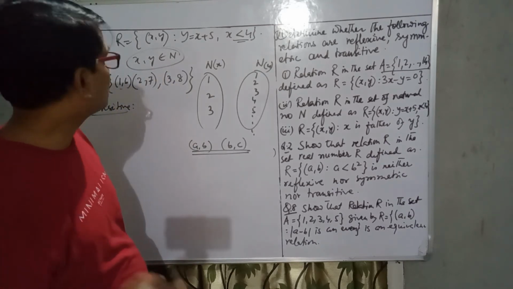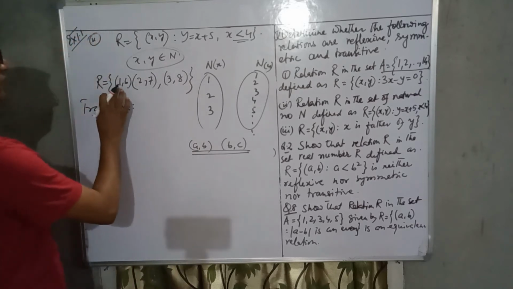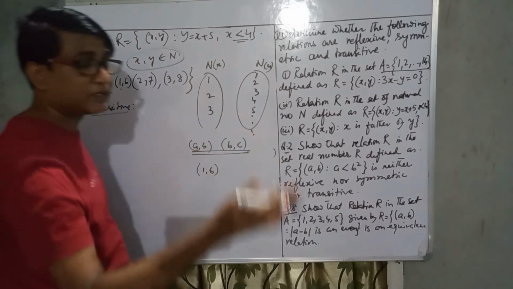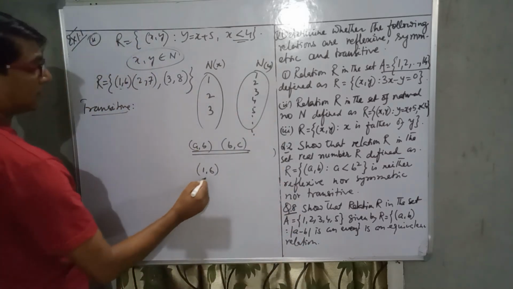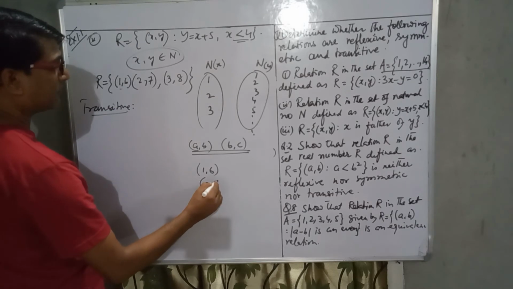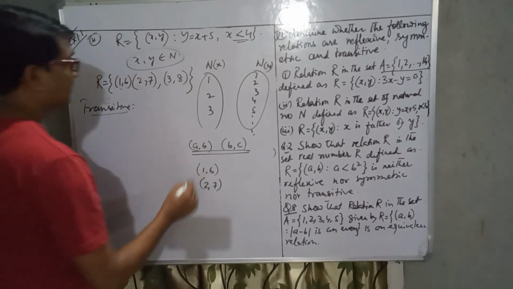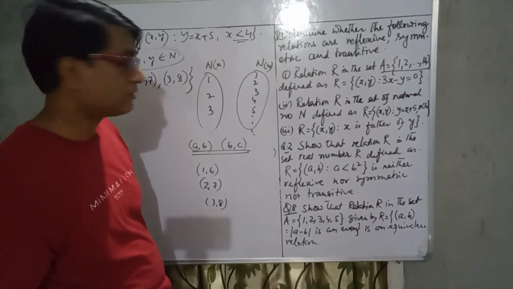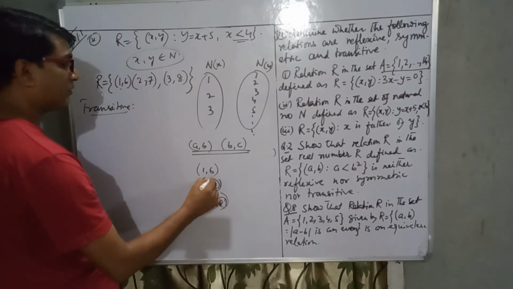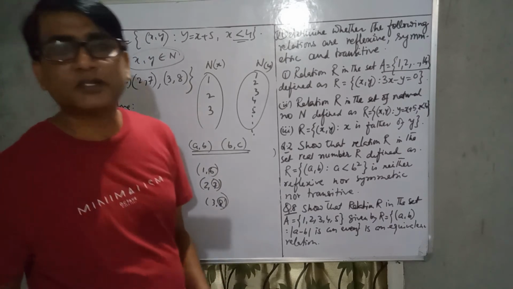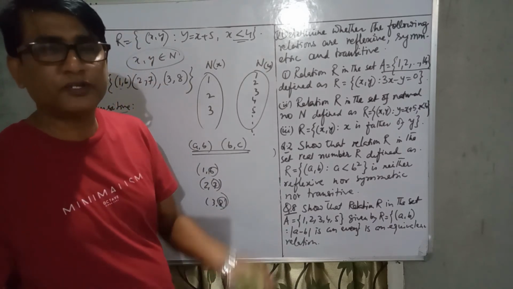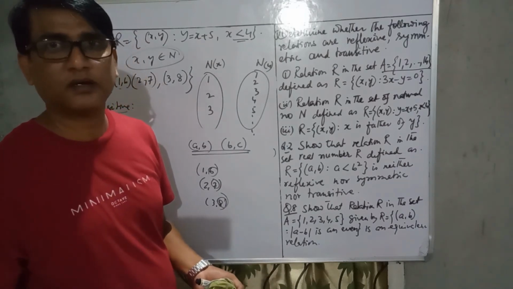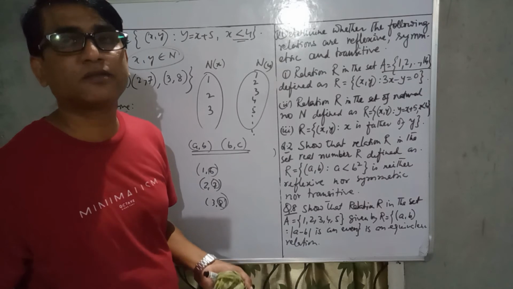If we take 1 comma 6, there is no other element related to 6. If we take 2 comma 7, we will not get any element related to 7. If we take 3 comma 8, there is no element related to 8, which contradicts the condition of transitivity.